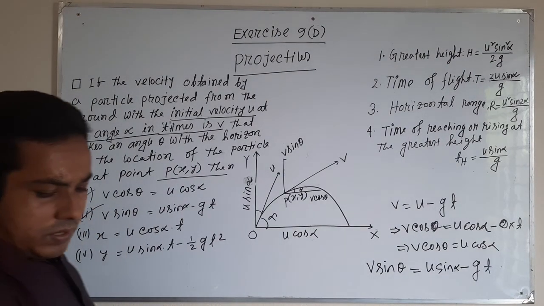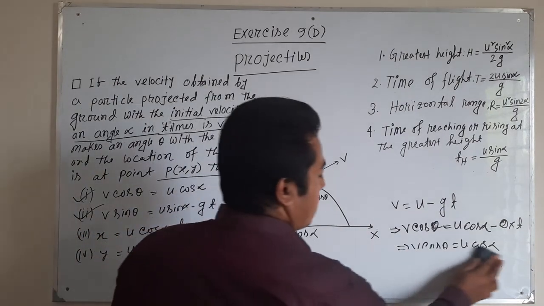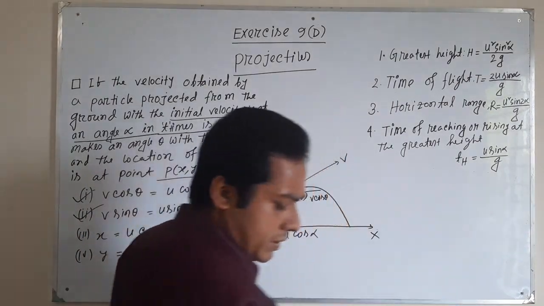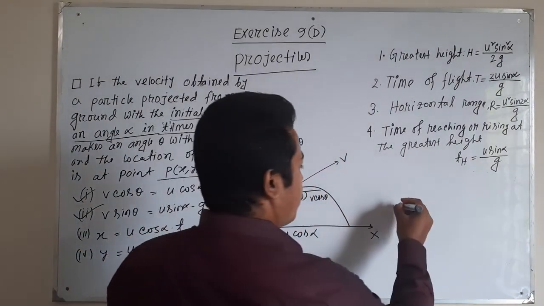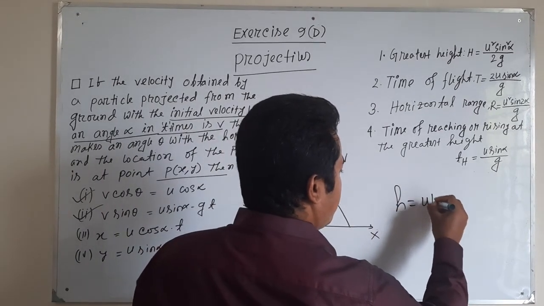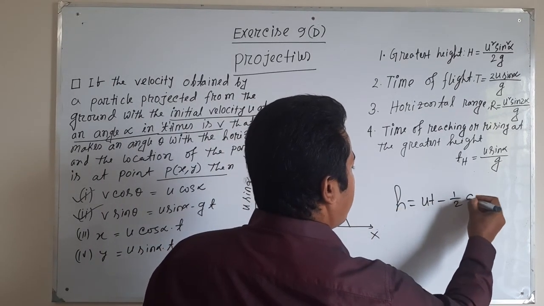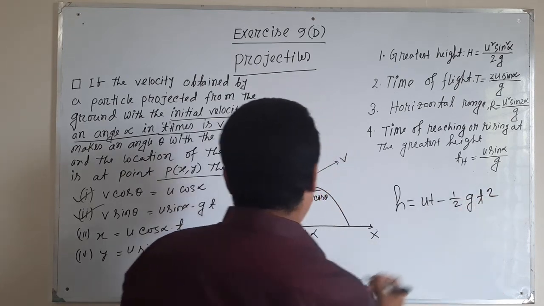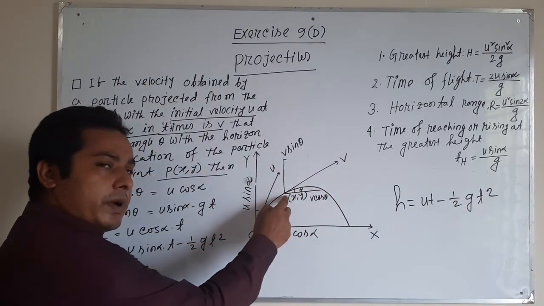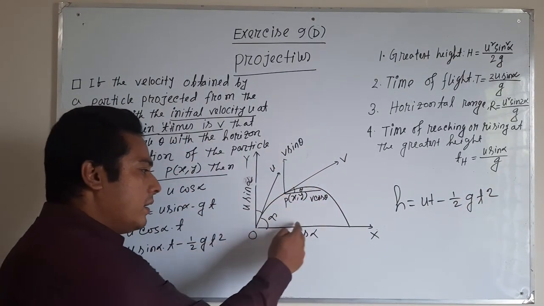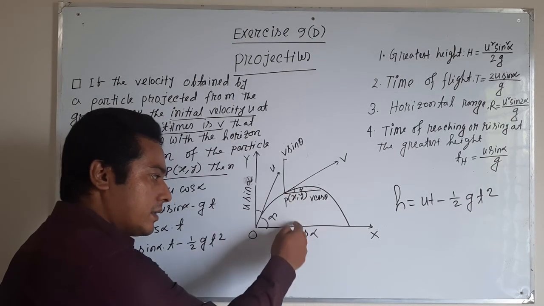Now for the displacement, h equals ut minus half of gt squared along the vertical line, and along the horizontal line the distance is x.